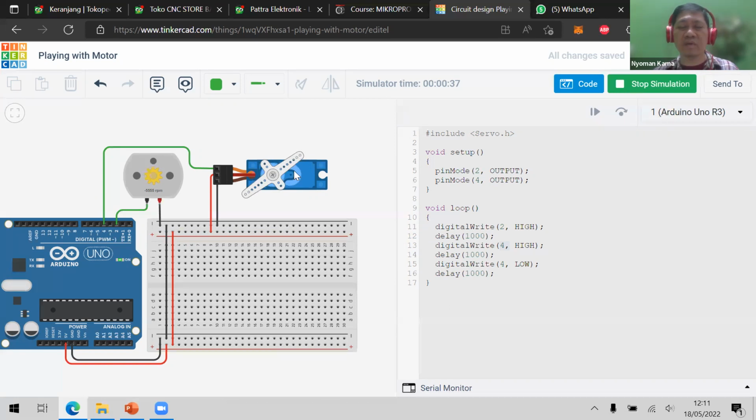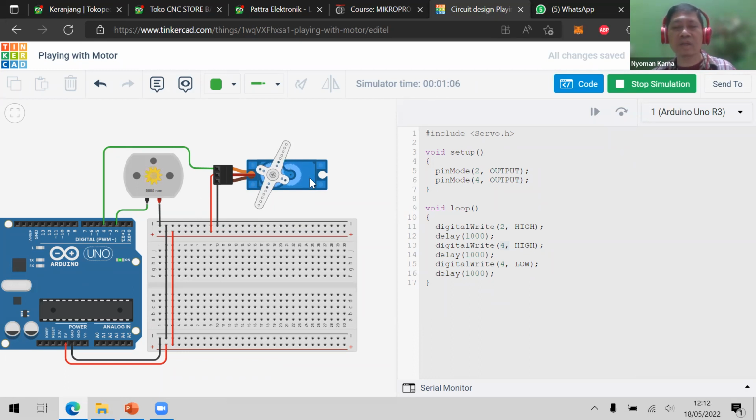But the servo motor is working something like this. So that's the main difference between the DC motor and the servo motor. In the DC motor, we just need to give power and it will turn. However, for the servo motor, we need to give a pulse to make it turn.